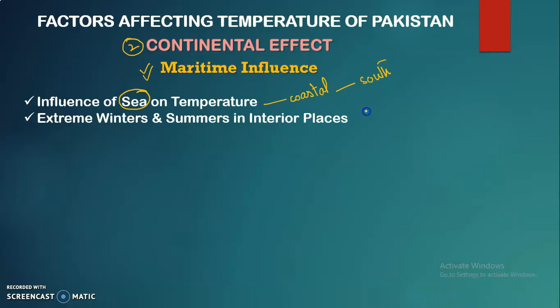I would move towards the second point later, but before that, I need to explain a simple concept to help you understand how this all gets affected by the sea. When we talk about two areas, one is the land, the interior part, and the other is the coastal area, meaning the water body.